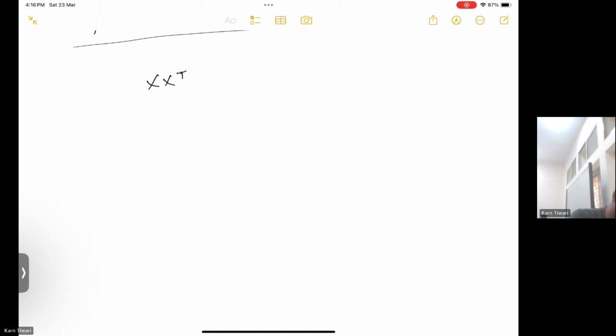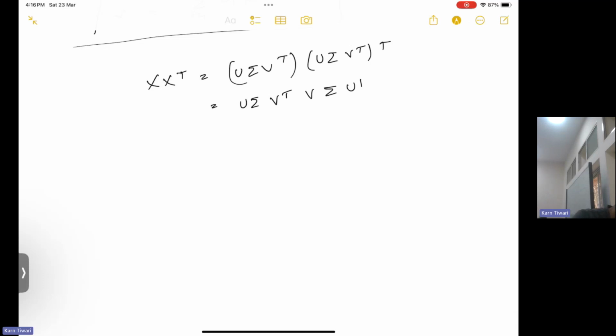So what if we simplify this X transpose using the SVD decomposition? We can write it as U sigma V transpose, and then U sigma V transpose, transpose. It will boil down to V sigma U transpose.